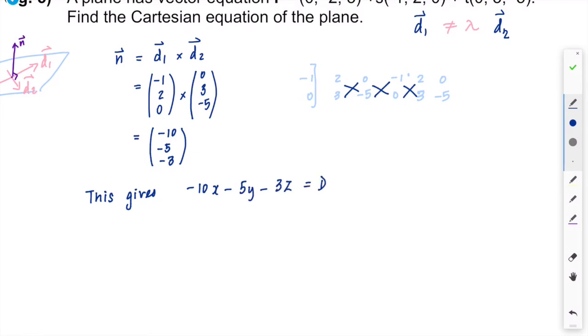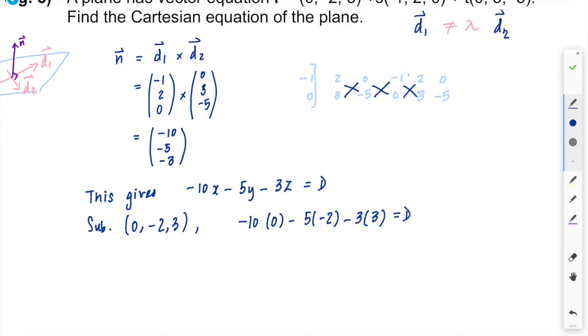And of course, if you don't like those negative signs, they can all be turned into positive because you just need a scalar multiple. So now sub in a point, (0, -2, 3), which is a position on the plane. We get -10 times 0 minus 5 times -2 minus 3 times 3 equals d.